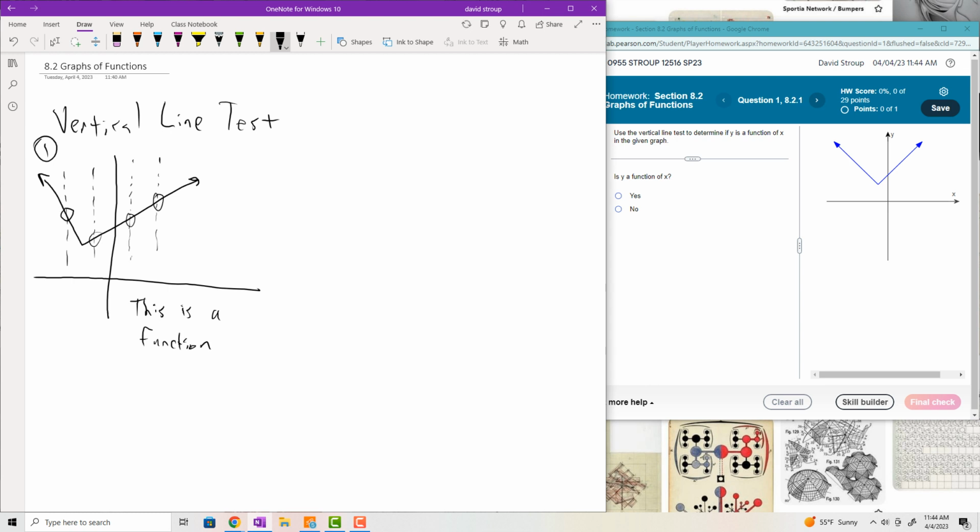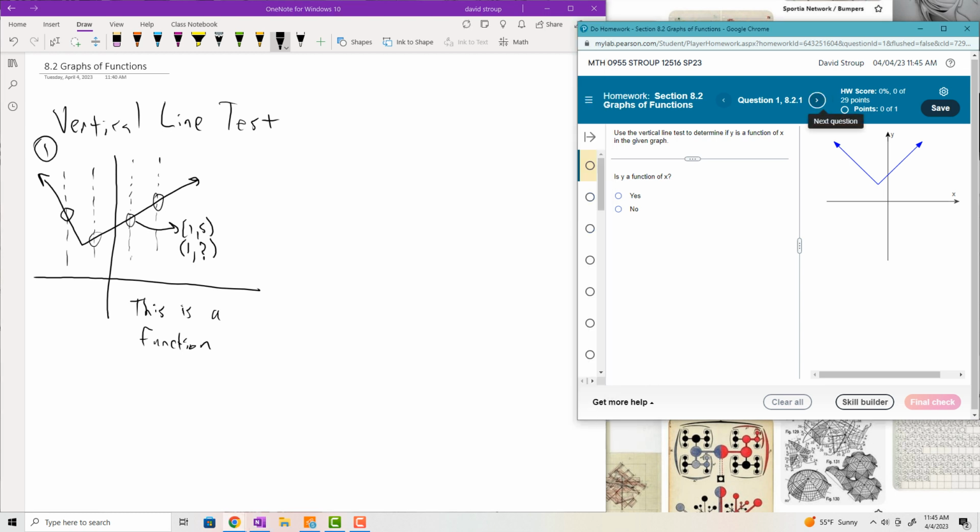And you can kind of see how this corresponds to our previous definition. Here, this would be an ordered pair, like 1, 5, right? And because it doesn't go through any other points on the graph, there's no other 1, something. There's not this extra ordered pair in our set that's going to have the same x value but a different y value associated with it.